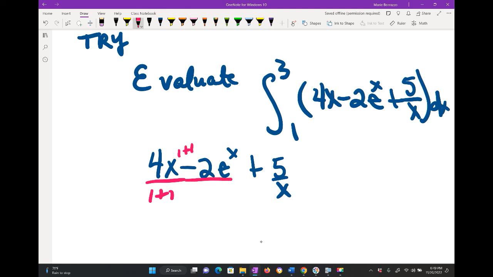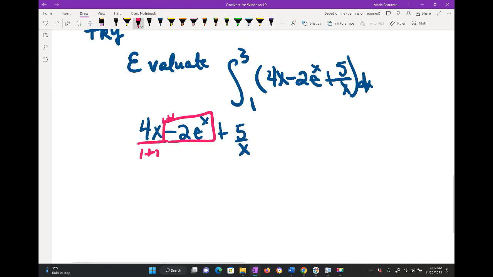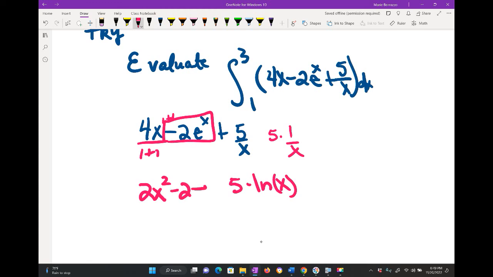This 2e to the x will stay as 2e to the x. And remember, this is 5 times 1 over x, which we know is the same as 5 times the natural log of x. All right, so this is what we have. We have 2x squared minus 2e to the x plus 5 natural log x. That's our antiderivative function. This is our f of x function.